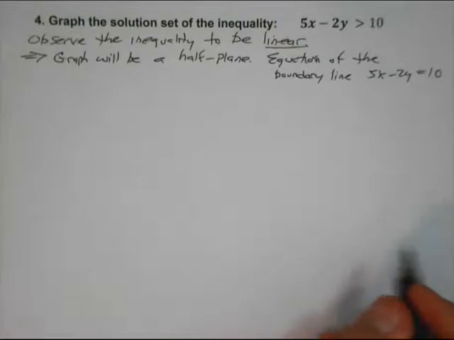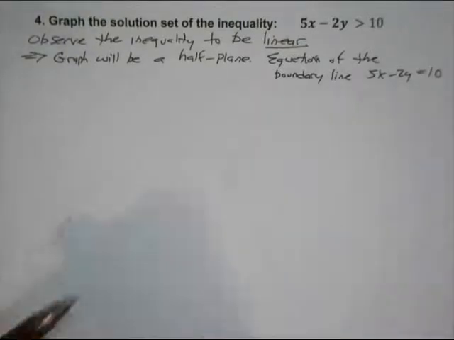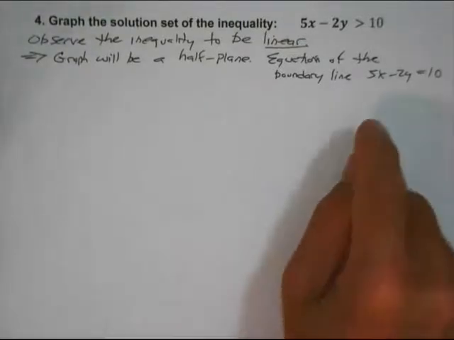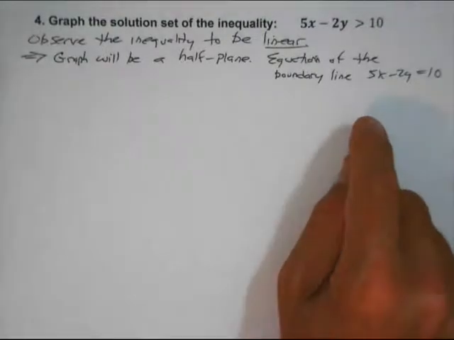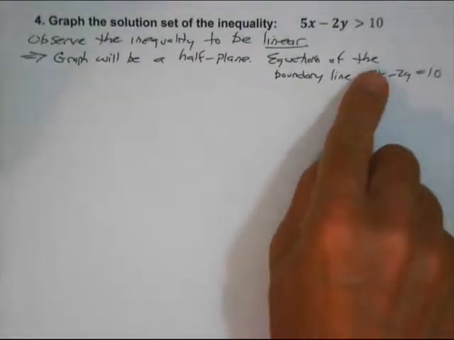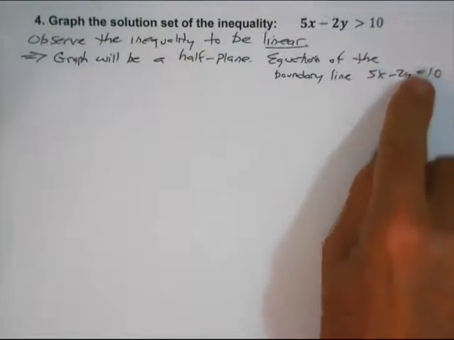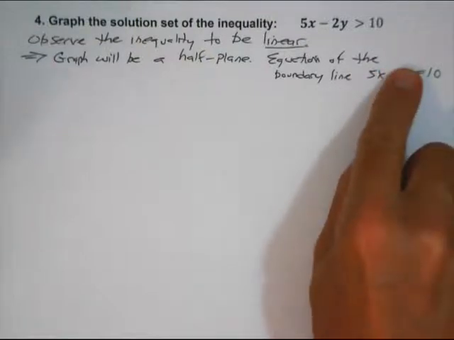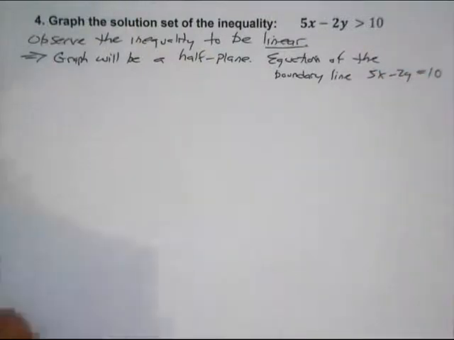As far as graphing this goes, we could consider the intercepts. We would like to fit them on the graph, perhaps. If x is 0, y is negative 5. If y is 0, x is 2. A simple coordinate system will be adequate here.